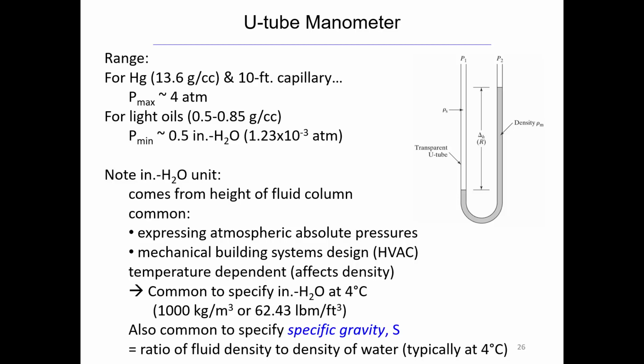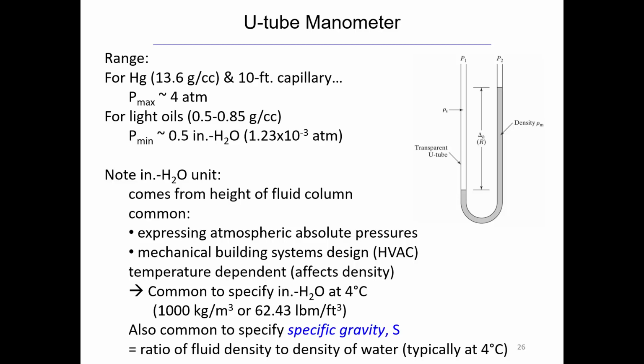But the unit comes from the height of the fluid column, like I said. So if you had water in here and you had a pressure difference that displaced it 1 inch, that would be 1 inch of water. It's common in expressing atmospheric absolute pressures.